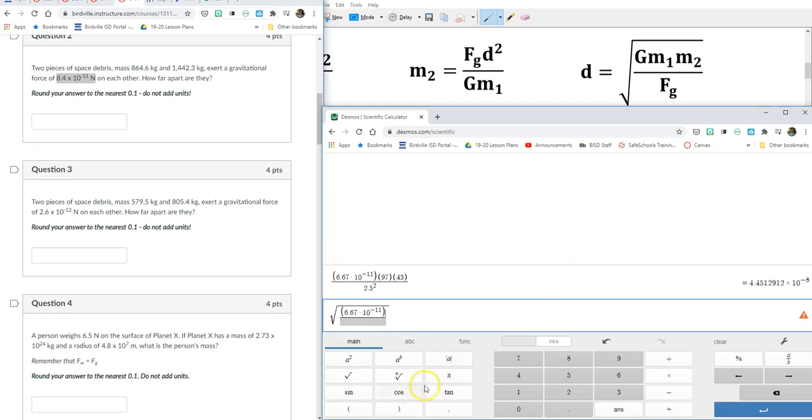And my mass 1 and mass 2, so open again, mass 1, 864.6, close, and my mass 2, 1442.3, close those parentheses. And notice how my radical is going over the whole thing, so that's good. I want it to do that.